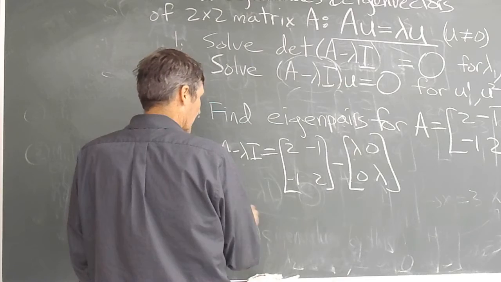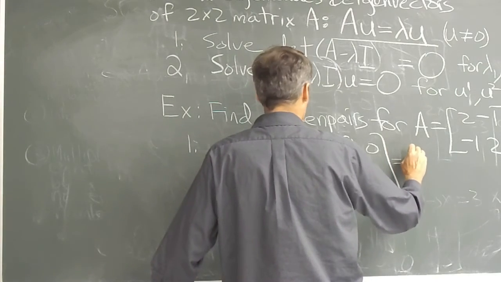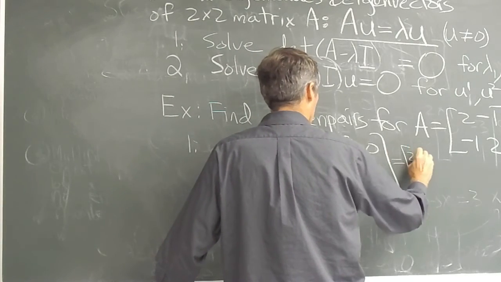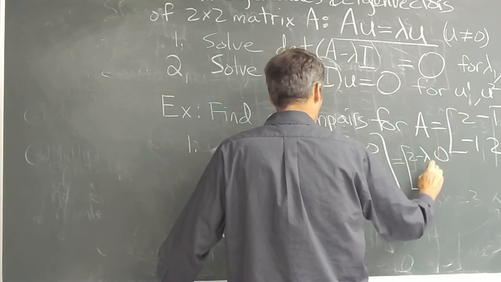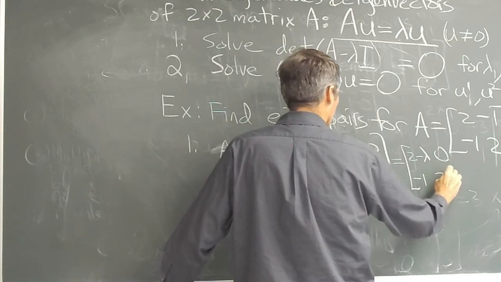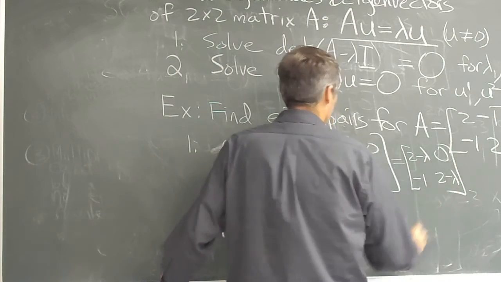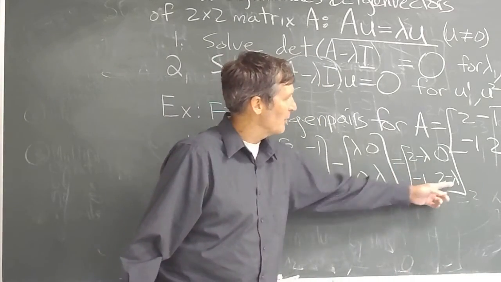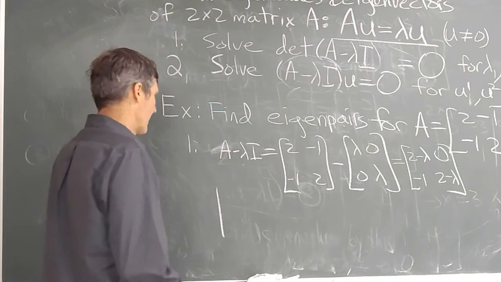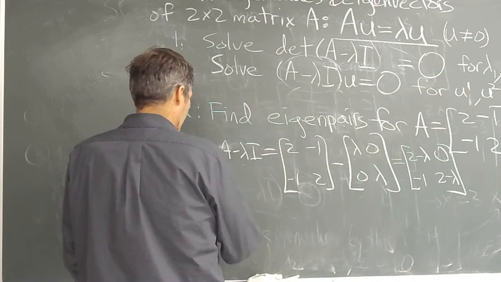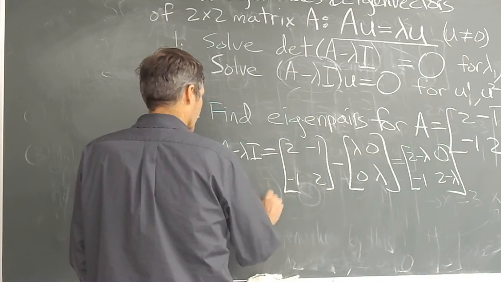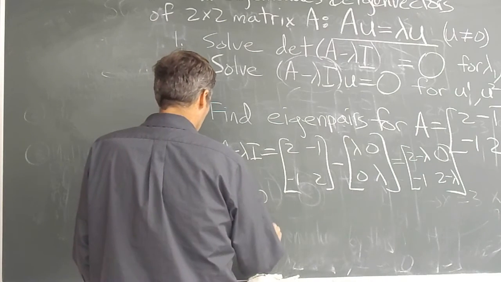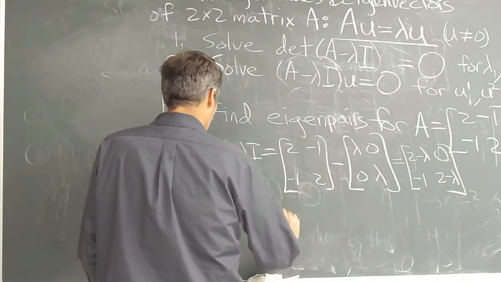It comes out to be 2 minus lambda, minus 1, minus 1, 2 minus lambda. So A minus lambda I just amounts to taking the matrix A and subtracting a number lambda off each diagonal element. And so what we want to solve is the determinant of 2 minus lambda, minus 1, minus 1, 2 minus lambda equals 0.